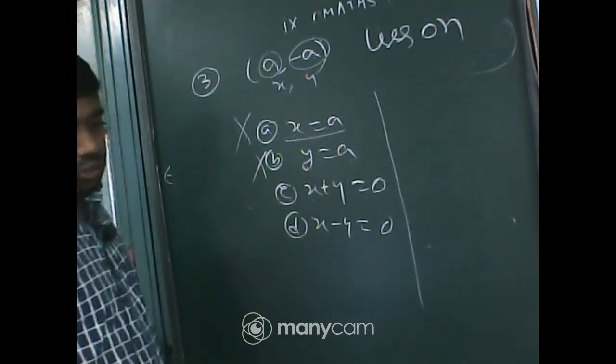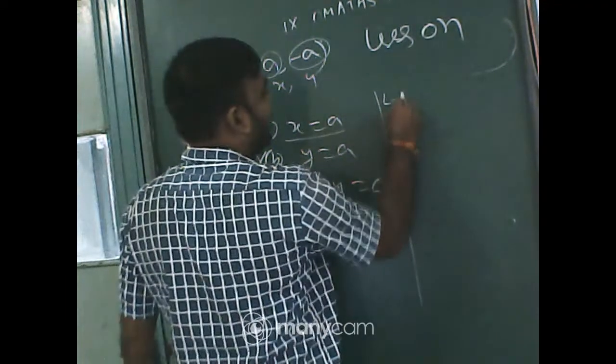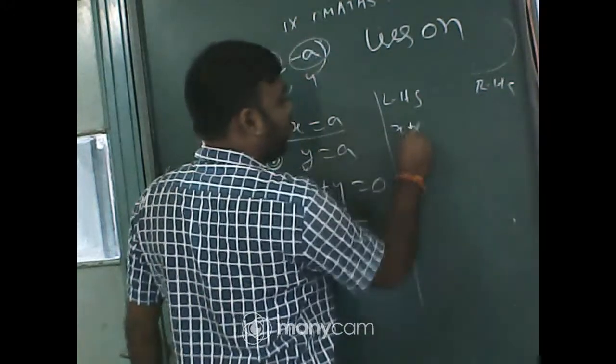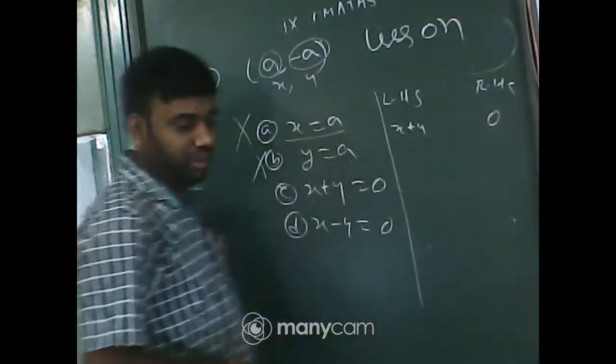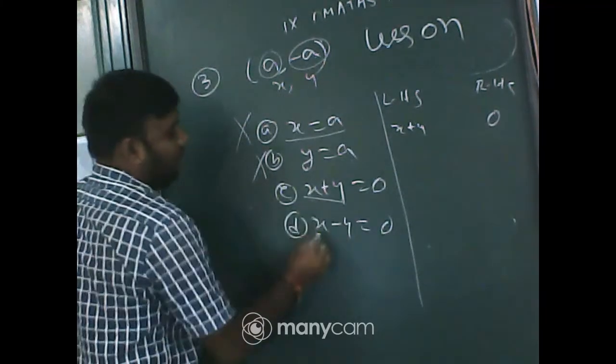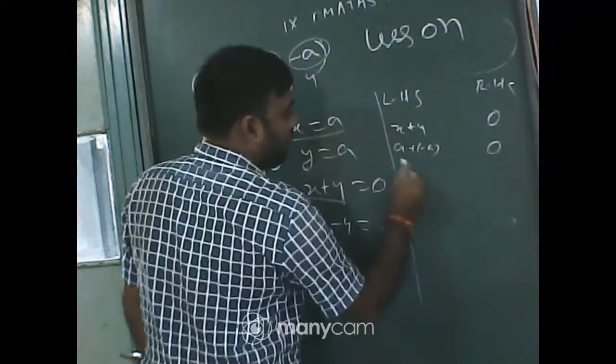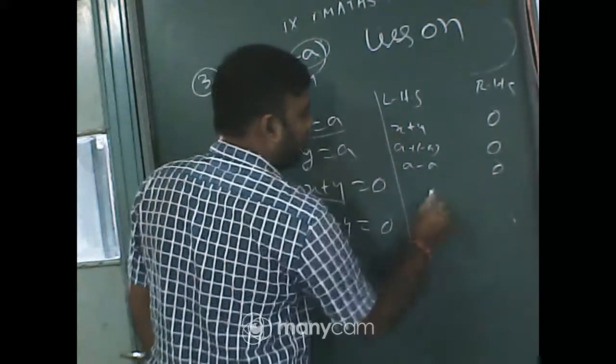Now x plus y equal to 0. Left hand side is x plus y and right hand side is 0. Putting the values in the left hand side, a plus minus a, that is a minus a, which is 0.